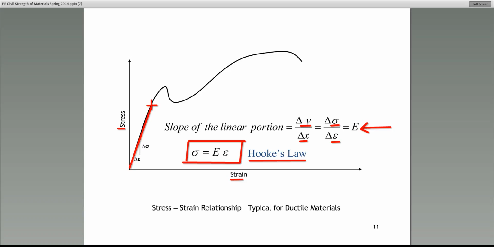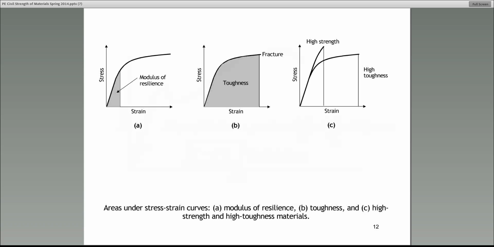All right? And I've explained why. Arash, you're correct. Any design equation that's developed based on Hooke's law has a limitation, and that limitation is that it's only applicable to elastic behavior or elastic design.